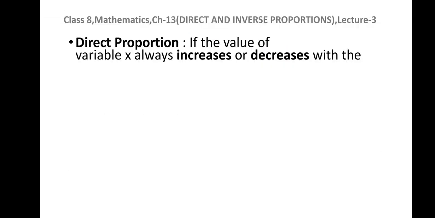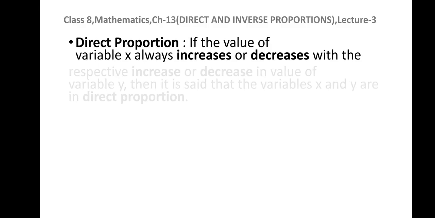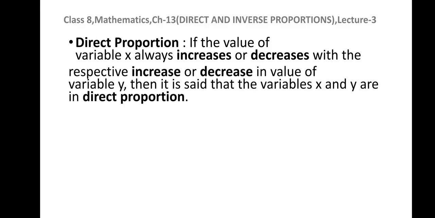So let us talk about direct proportion. If the value of variable x always increases or decreases with the respective increase or decrease in the value of variable y, then it is said that the variables x and y are in direct proportion.